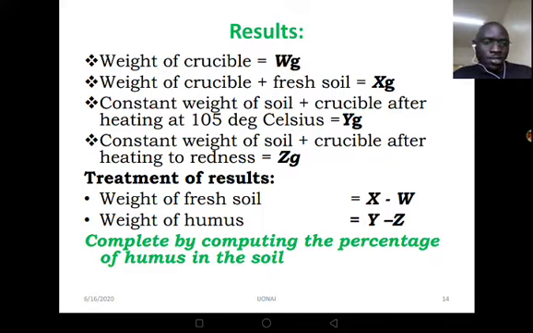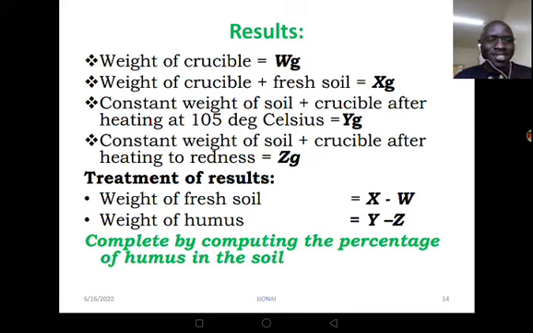Then the weight of the humus is Y minus Z. Yes, the weight of the humus alone is Y minus Z, where Y is the constant weight of the soil plus the crucible after heating at 105 degrees. The soil alone, after removing water, is Y, minus Z, where Z is the weight after humus has been removed. So Y minus Z, that difference is the weight of the humus.